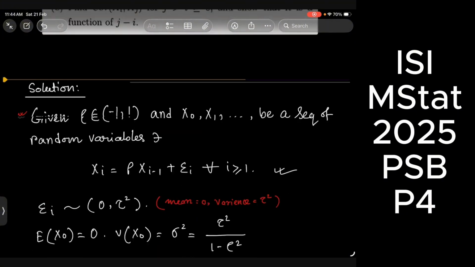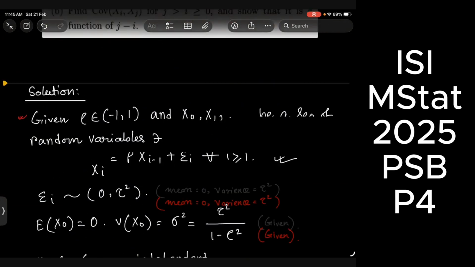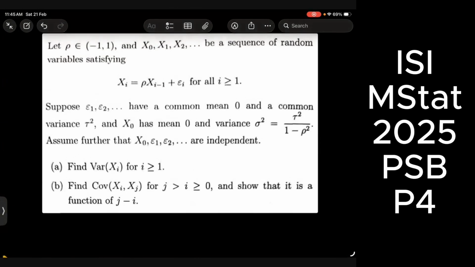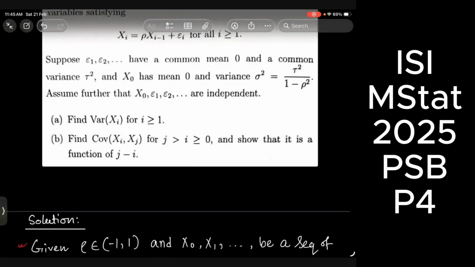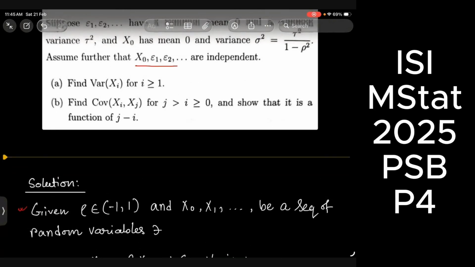So it is given, right? And what is given above that? X naught, epsilon 1, epsilon 2, all these things are independent. Okay.